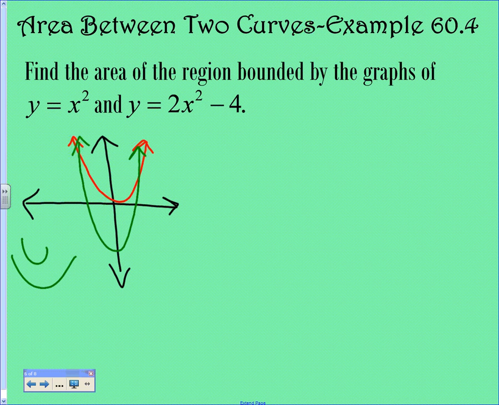So how are we going to figure out where our endpoints are? Okay, so you would say x squared equals 2x squared minus 4. So x equals plus or minus 2.